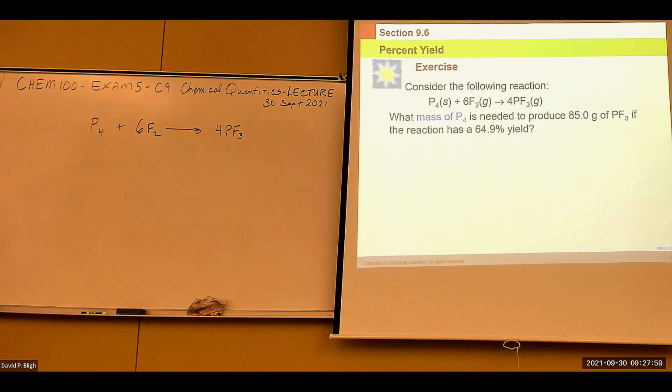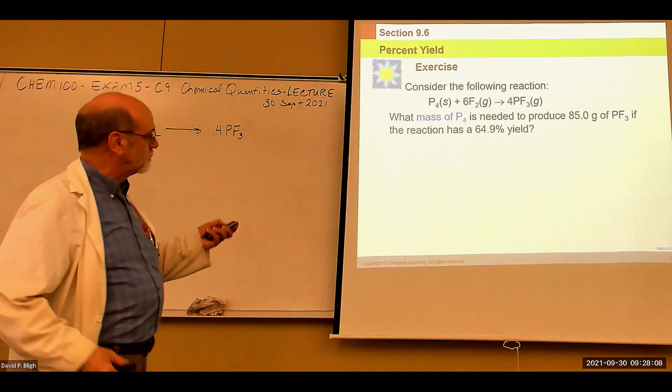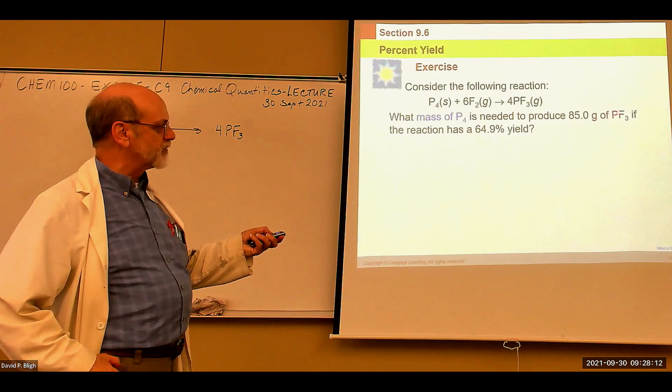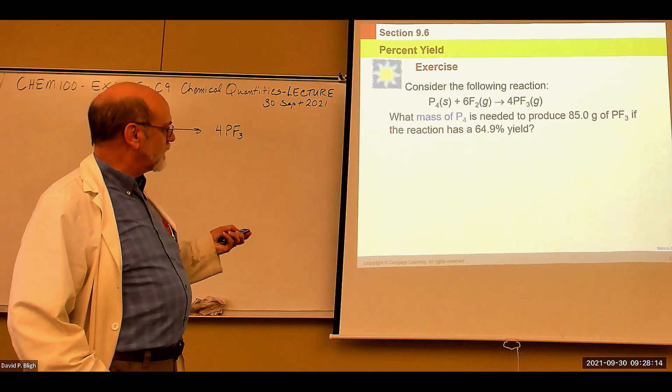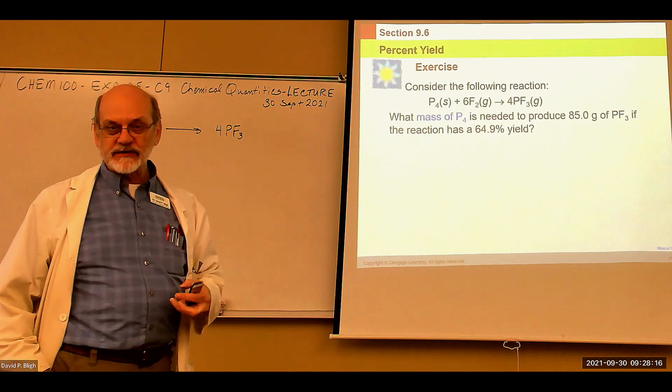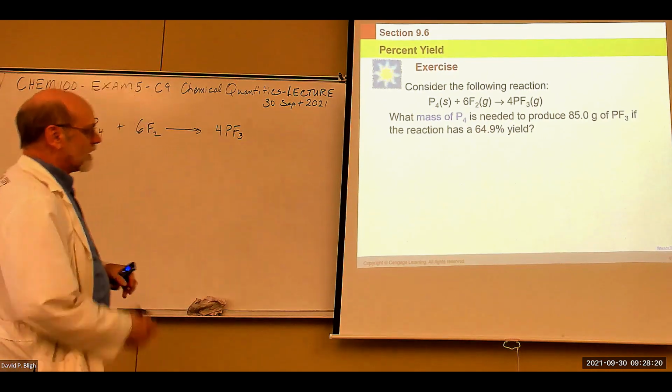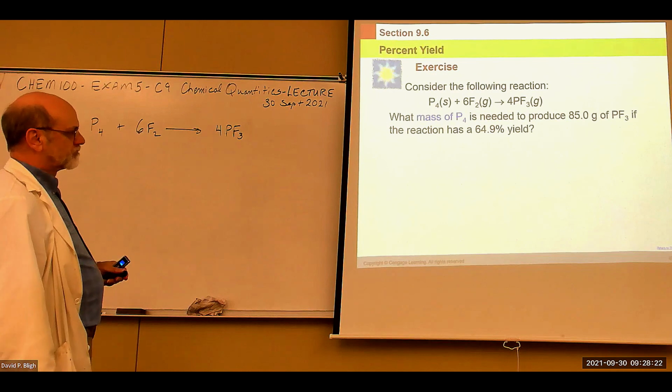The question is, what mass of P4 is needed to produce 85 grams of PF3 if the reaction is 64.9% efficient? Okay, so let's put what we know up there.